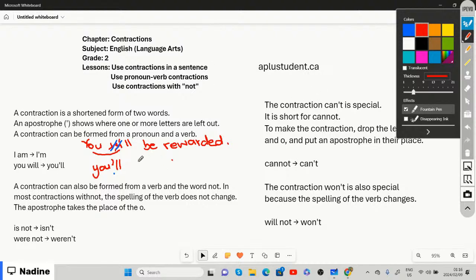So now we say you'll be rewarded. Instead of saying you will be rewarded, we can shorten those two words, the pronoun as well as the verb, and we just say you'll be rewarded.